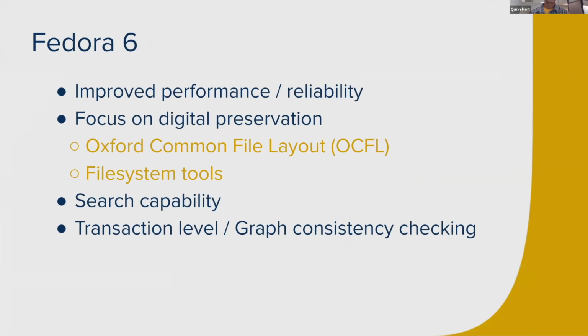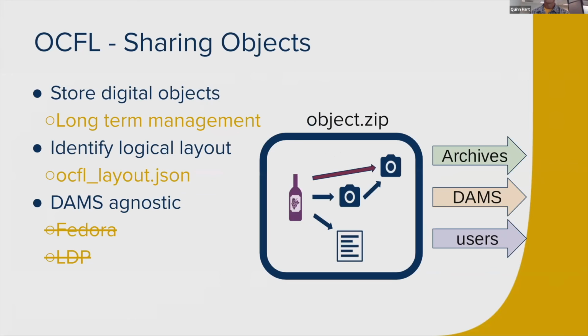And so for Fedora 6, we were looking forward to a number of different things, but primarily the thing we were most interested in was the Oxford Common File Layout. We think that has a lot of potential to make things more simple for us in some of the practices that we're looking for. The most obvious one is to have an easier methodology of storing the digital objects for long-term management.